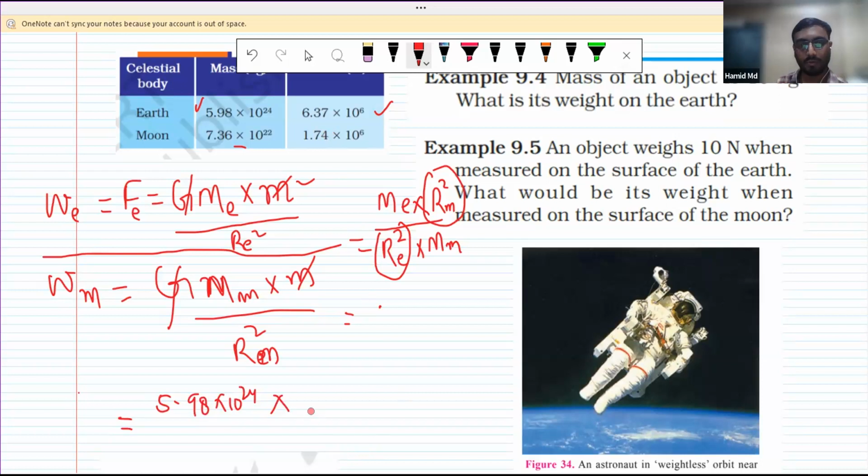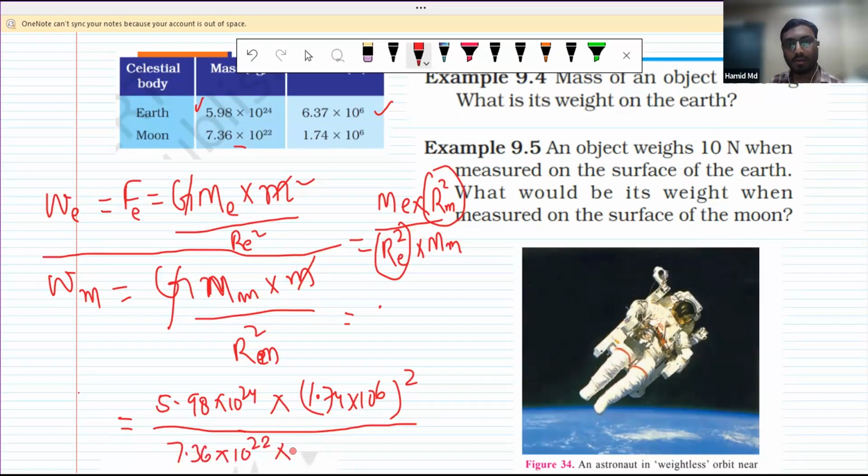Radius of moon is 1.74 into 10 to the power 6, squared. Again, mass of moon is 7.36 into 10 raised to the power 22, right? And 6.37 into 10 to the power 6 squared.